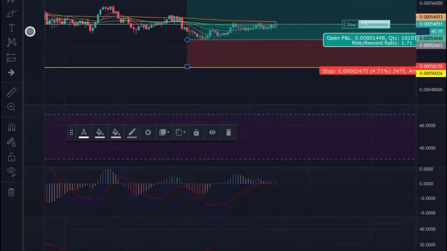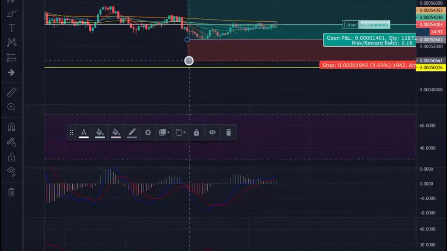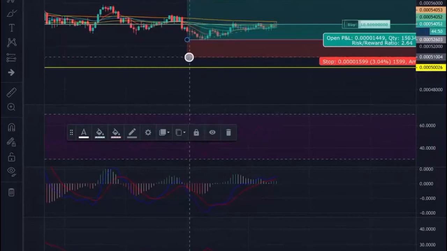So I'd like to take a look at another example so that we can see what I mean by the stop loss guideline. Because like I was saying, before I get too far into the example, 3% is ideal. So let me show you how we can lay this around and find ideal opportunities for us.